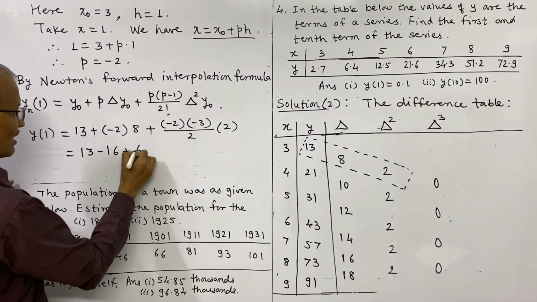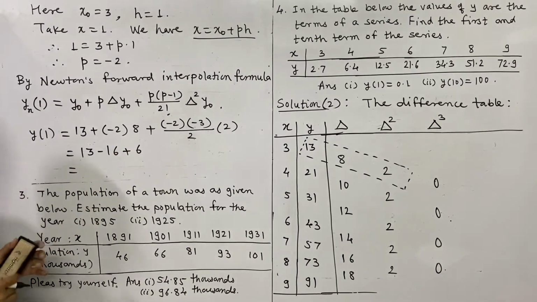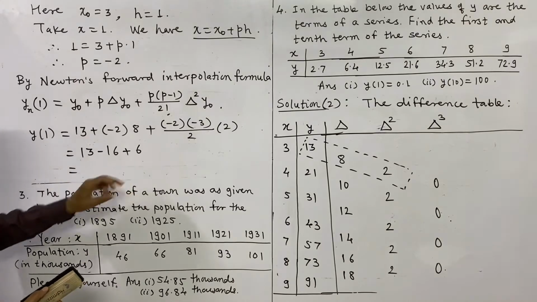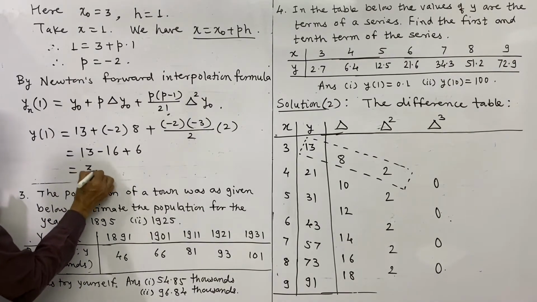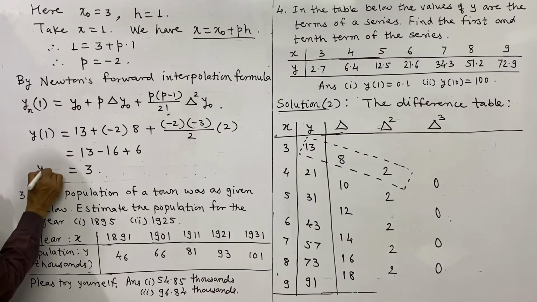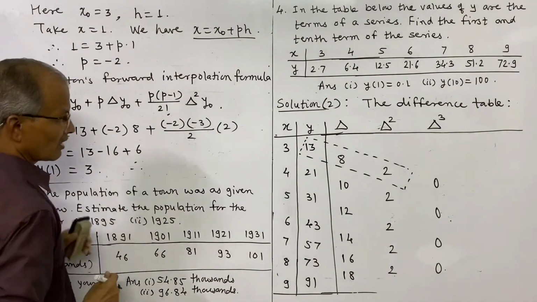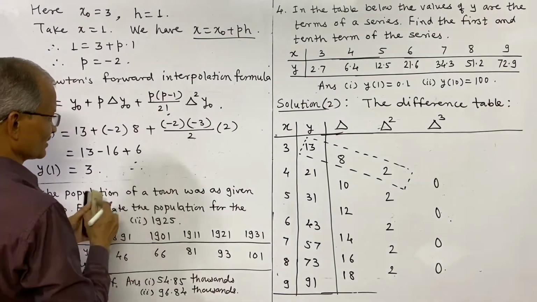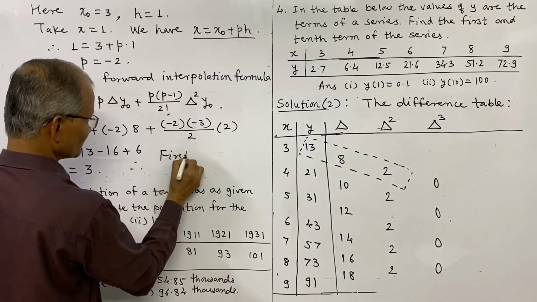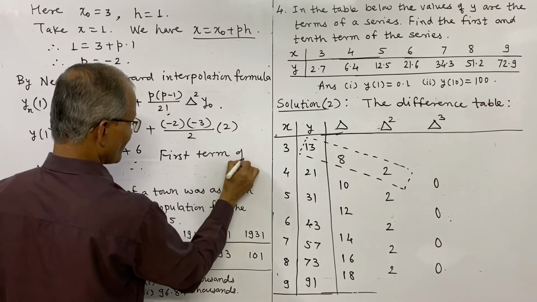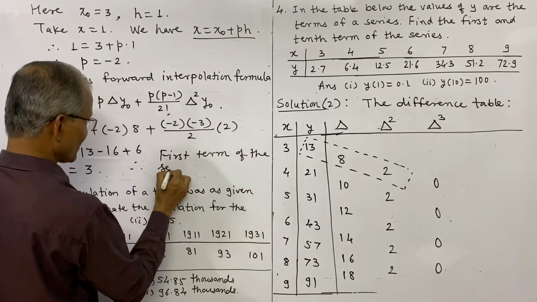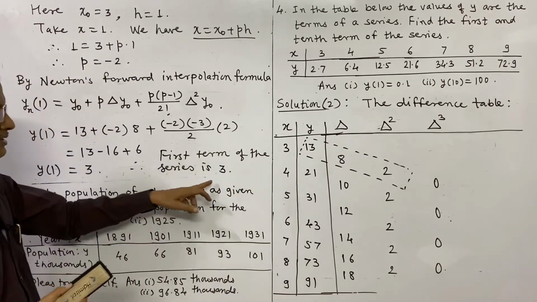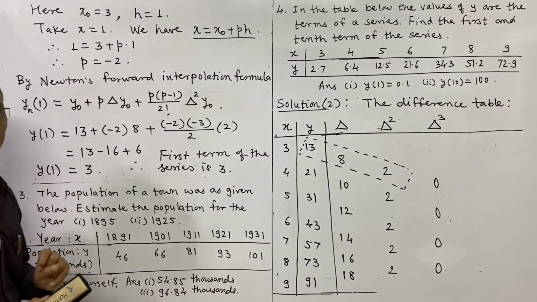So 13 minus 16 is minus 3, plus 6, that is 3. So y at 1 is 3, and therefore when x is equal to 1, the first term of the series is 3.